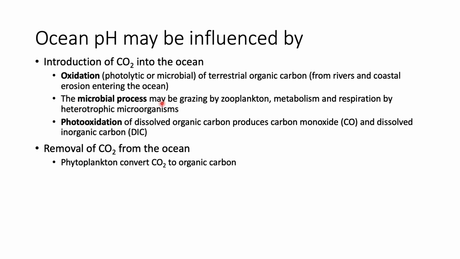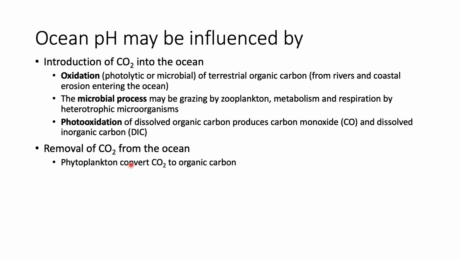That means it may be the grazing by zooplankton, metabolism and respiration by heterotrophic microorganisms may also release carbon dioxide, and also photooxidation of dissolved organic carbon products like carbon monoxide and dissolved inorganic carbon can be converted into carbon dioxide.